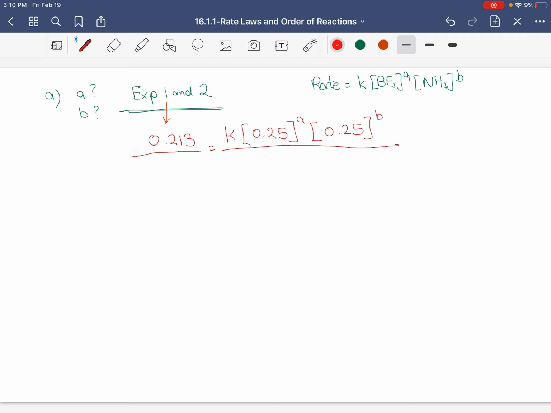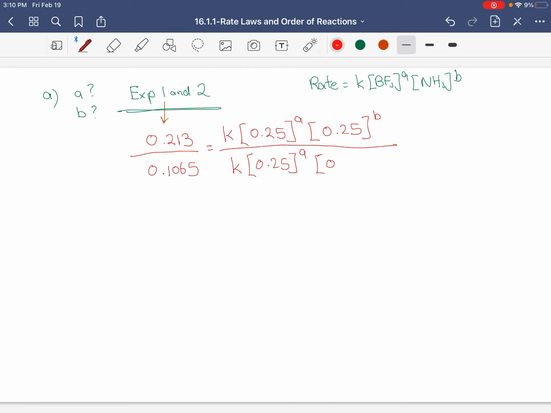Experiment 2 is the rate is 0.1065. That is equal to K times BF3, in this case, is 0.25. That was the one we kept constant purposely, times 0.125. So this right here is experiment 2. So we're relating the ratio of experiment 1 and experiment 2 together through their rate, through their concentration.